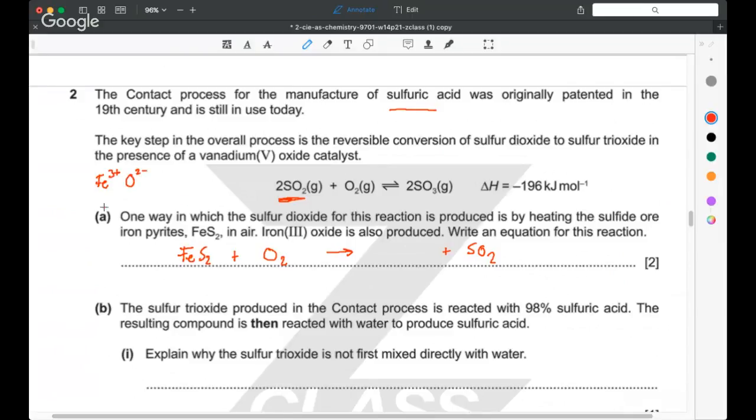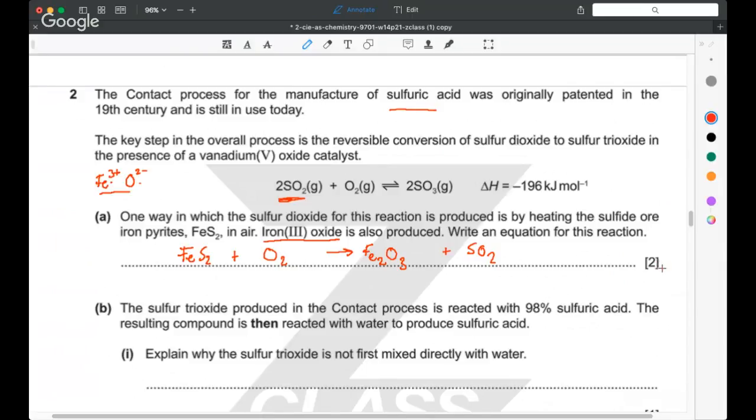So the ionic compound that's formed between that cation and that anion is Fe2O3. So that was the thing. You had to take this systematic name for the iron oxide and work out what its symbolic formula was. So that's one step. I suppose you might be getting a mark for that.